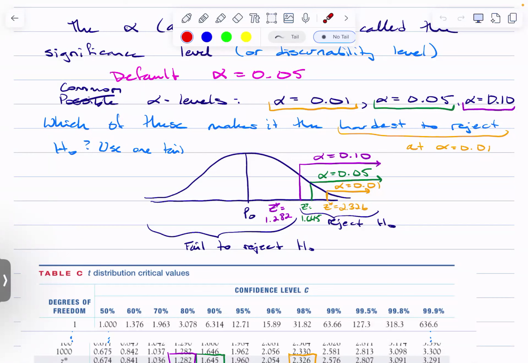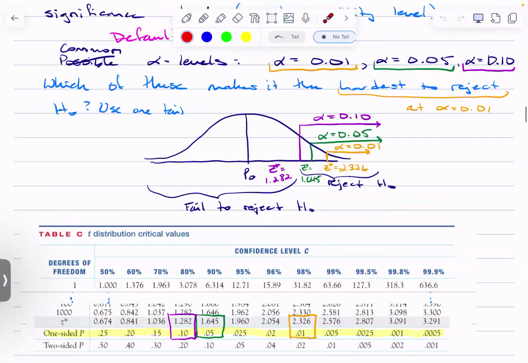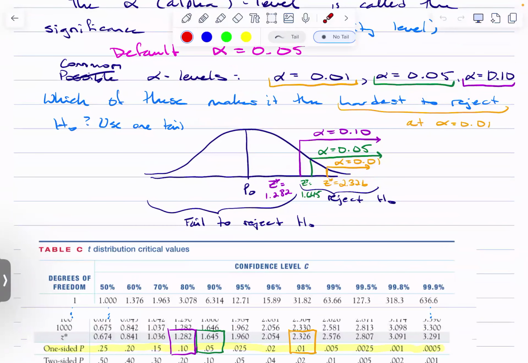Because the T table gives us these one-sided p-values. And it also matches them up with what Z makes that happen. And so one of the ways that we could do hypothesis testing is to say, if my alpha level is 0.05 and I have a one-sided test, then my Z would need to be bigger than 1.645 in order to reject H naught, because that would make the area in the tail less than 0.05.